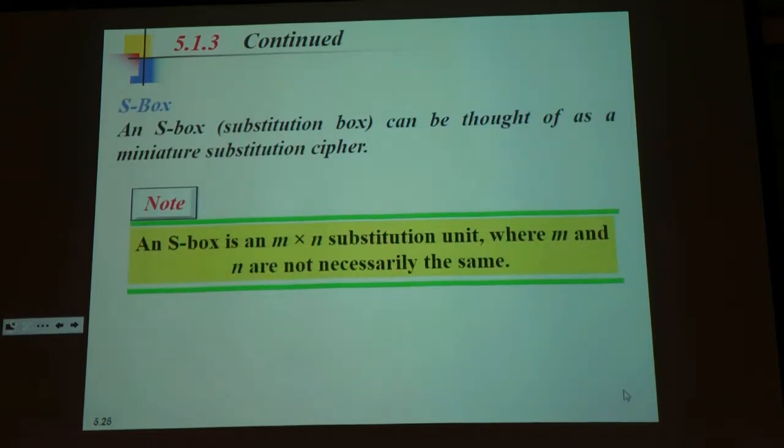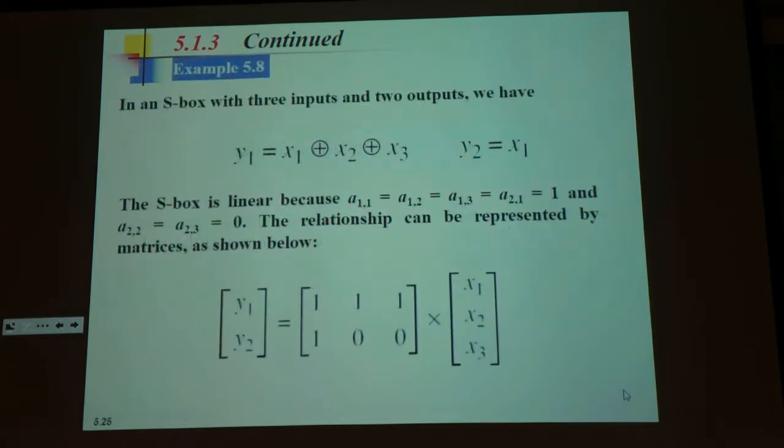Aha. So let's talk about the S box, the substitution box. A substitution box can be thought of as a miniature substitution cipher. So an S box is an M times N substitution unit, where M and N are not necessarily the same. So look in here, an S box with 3 inputs and 2 outputs. What are the inputs?